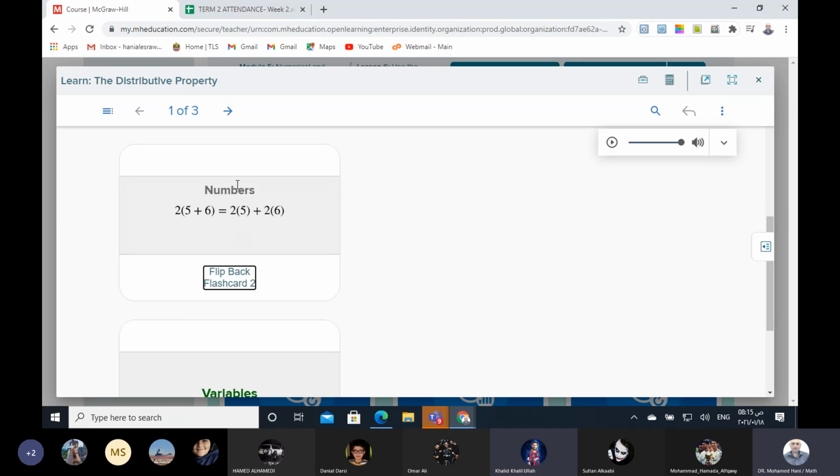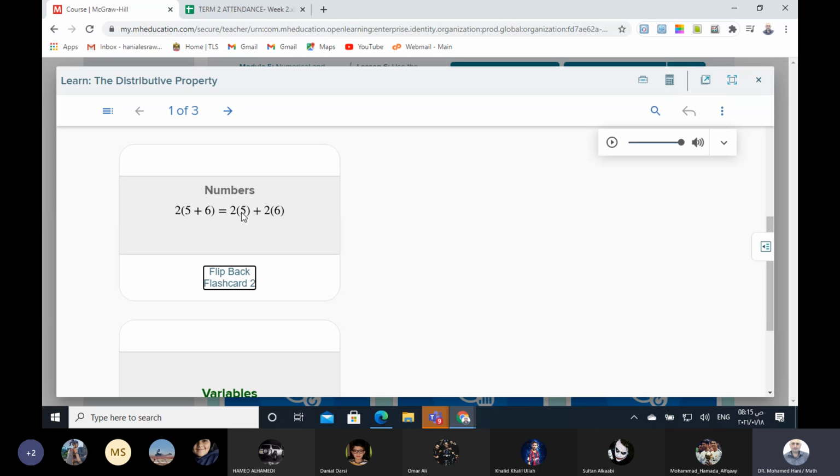For example, suppose we have to multiply 2 by the parentheses 5 plus 6. As you see, outside the parentheses we have multiplication, and inside we have addition. So how do we use the distributive property here? Take 2, multiply by 5.